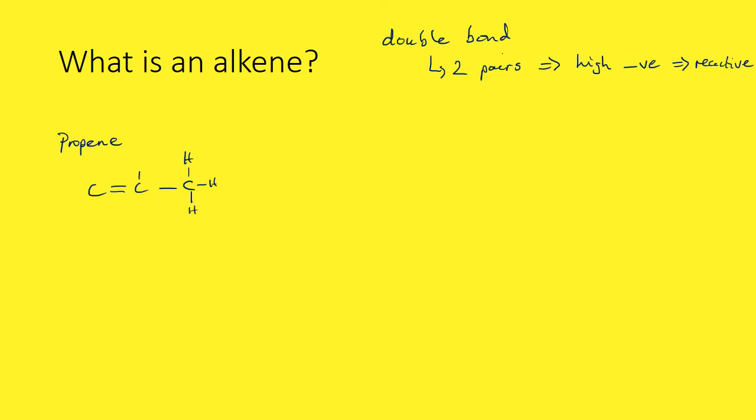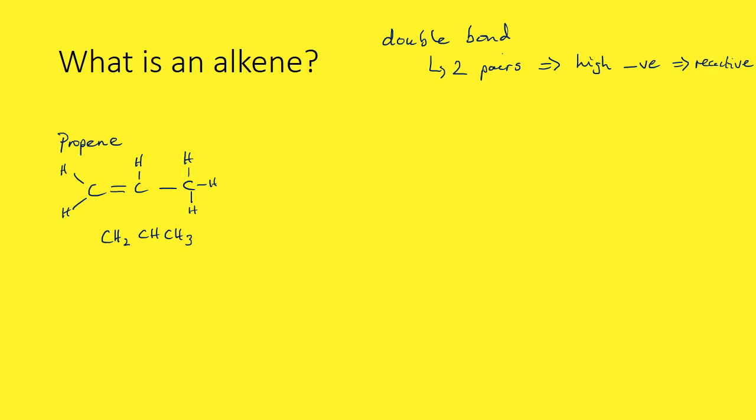This carbon still needs another hydrogen, and this carbon is going to have 2 hydrogens. So that's propene, and the molecular formula of propene is going to be CH2=CHCH3. You can see that little CH3 group on the left there. So that would be the molecular formula of that displayed formula I've just drawn.